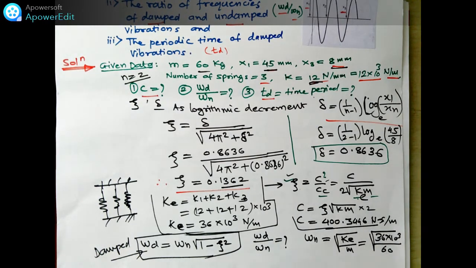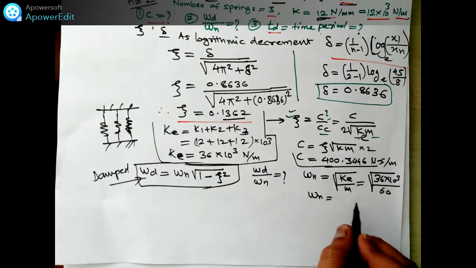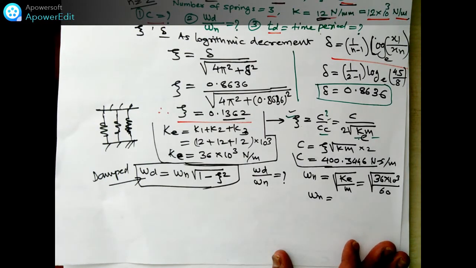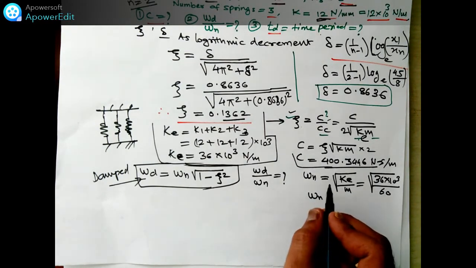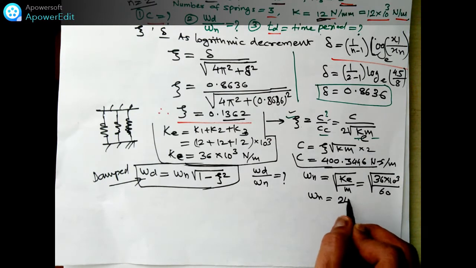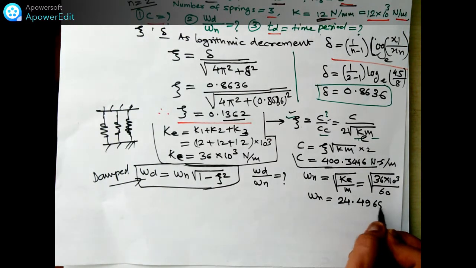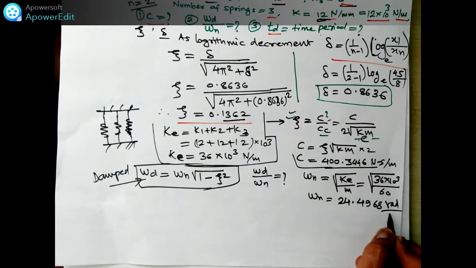So omega n becomes, using the formula under root of Ke by m, 24.4968 radians per second.